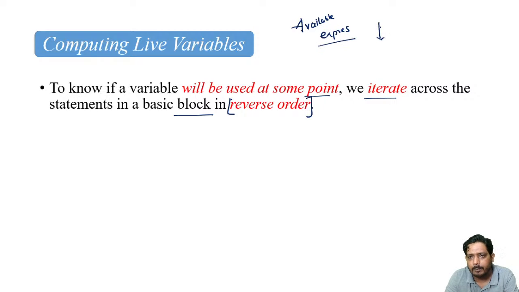Each time we maintained what expression is available, and if it is a copy, then we copy that expression and use that variable instead of the expression. So for expressions we are doing it, and if it is a copy, then we are also propagating it. Both go hand in hand in this particular case. Now for liveness, we have to traverse not in forward order but in reverse order.